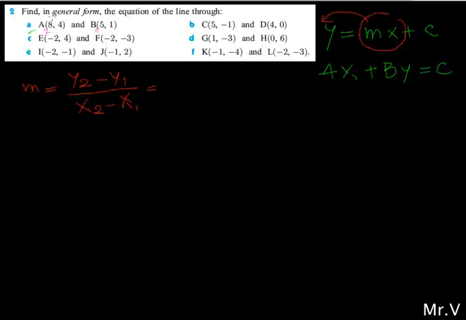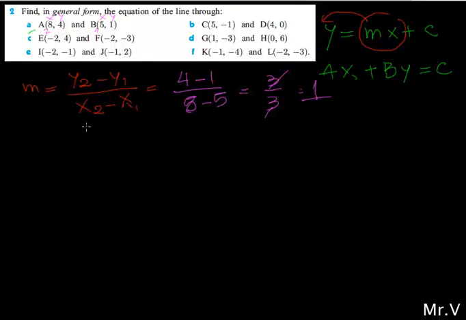I'm going to do this differently this time. I want my y2, that is 4, minus 1, and 8 minus 5. 3/3, simplify, 1. My slope is 1, and we already did this one.